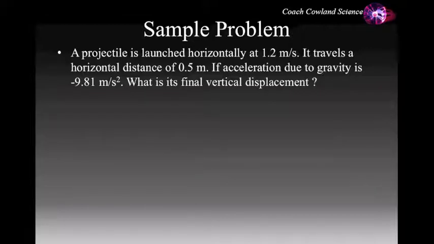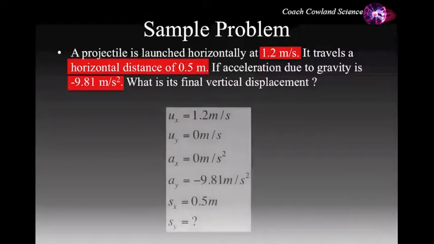Let's do a sample problem. A projectile is launched horizontally at 1.2 meters per second. It travels a horizontal distance of 0.5 meters. If acceleration due to gravity is negative 9.81 meters per second squared, what is its final vertical displacement? First, I identify my data. Next, I list my variables.